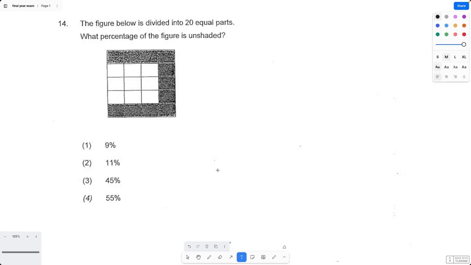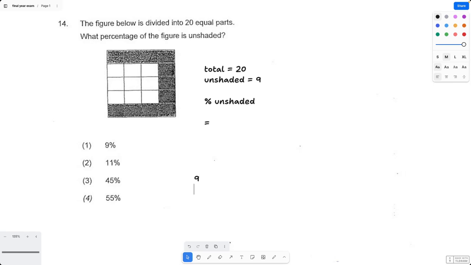The total is equal to 20, and unshaded, you can count now: 1, 2, 3, 4, 5, 6, 7, 8, 9. So unshaded is equal to 9 equal parts.